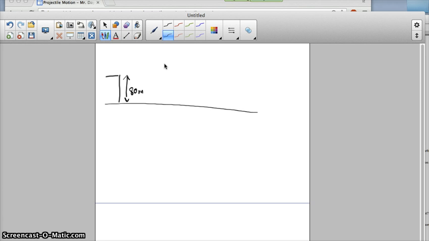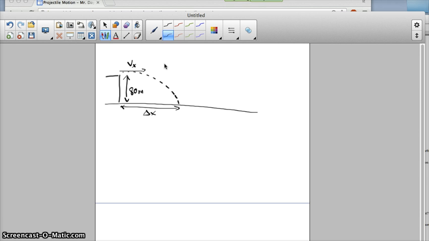And my projectile goes off horizontally with an initial velocity in the x direction. And then it hits the ground some distance away from the cliff. All right, so let's see what we can figure out.